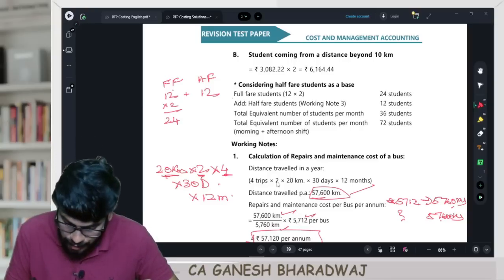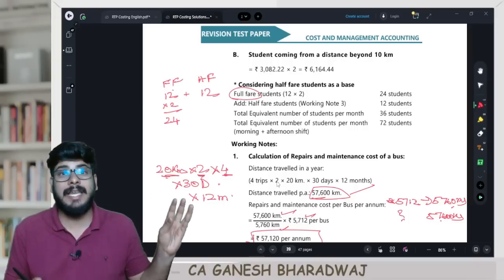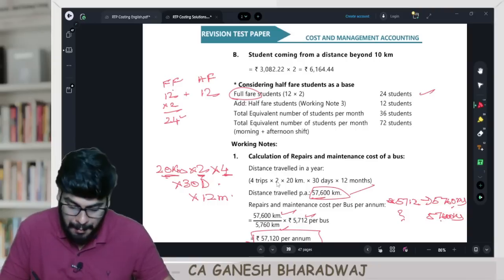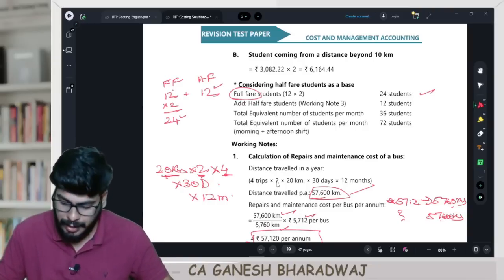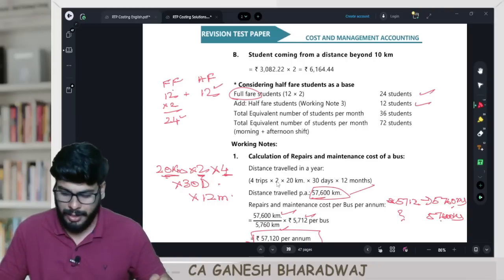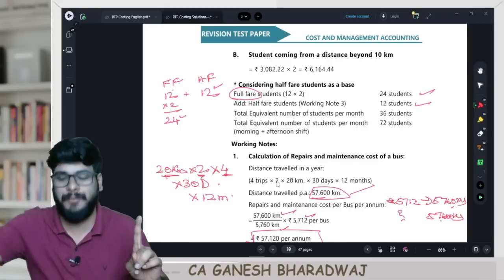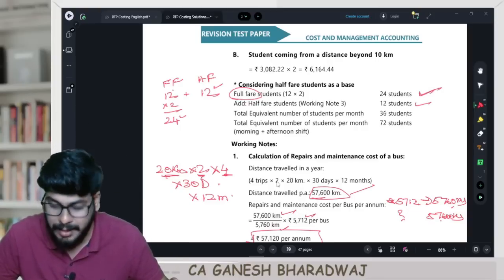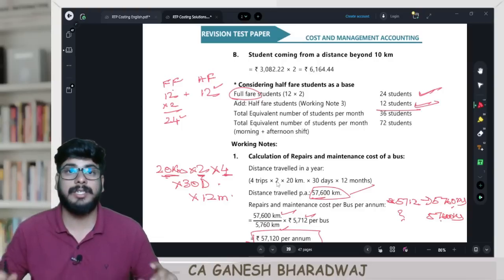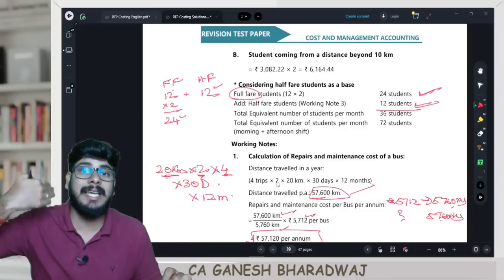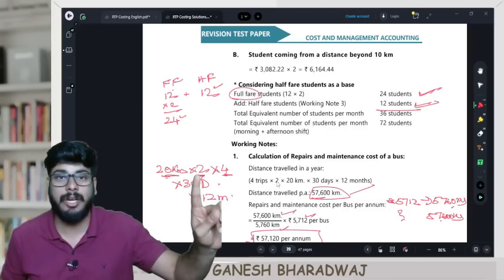So, what I do is first I convert and calculate the equivalent: full fare students, how much? 24 students. Right? Plus, how many half fare students are there? Half fare students, 12 students. So the full fare students I have converted, and the equivalent half fare students is 24 plus 12. It's going to be 36, which means in the morning batch alone, there are 36 equivalent half fare students. Are you clear with this?